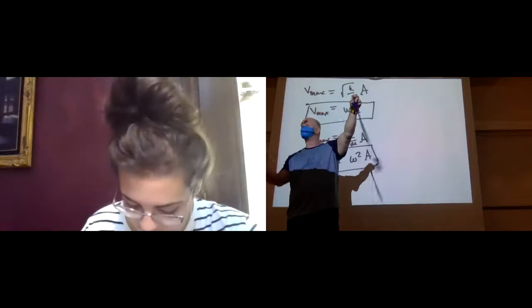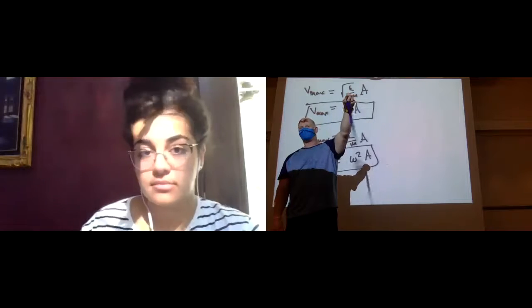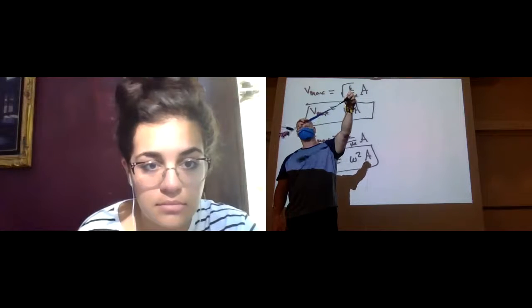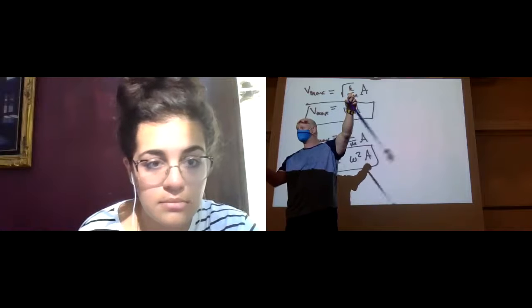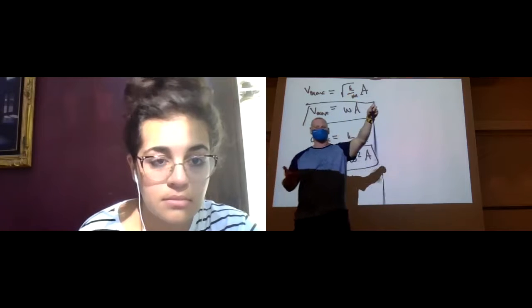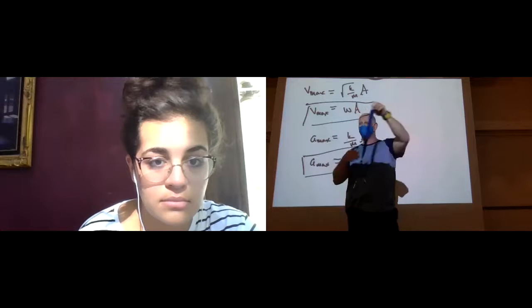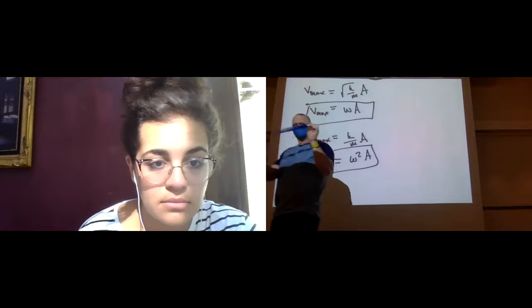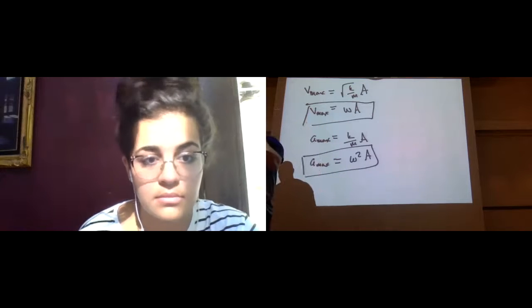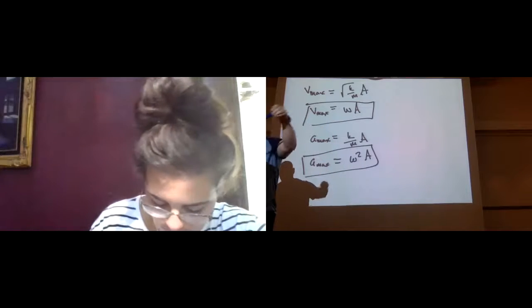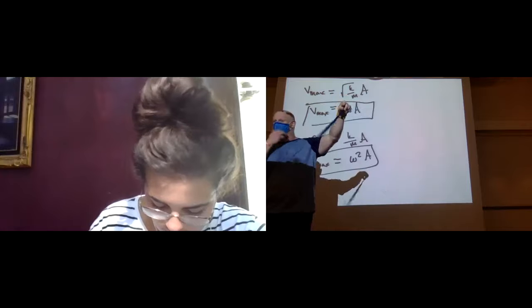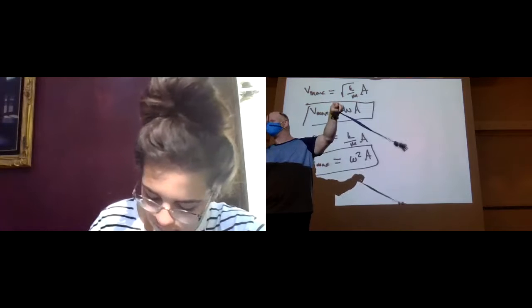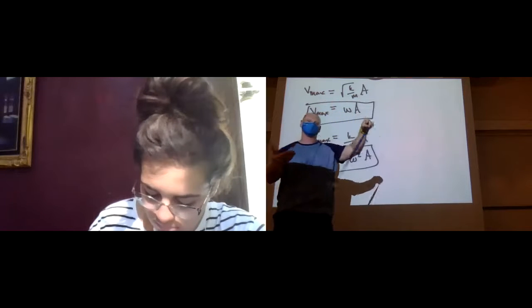This has nothing to do with the spring. So if I wanted to describe the harmonic oscillation of this thing to talk about its maximum velocity, and I said it was the square root of k over m times the amplitude, that doesn't make sense in this case because there is no k. This thing has no elasticity to it. So this thing simply oscillating back and forth is a harmonic oscillator, but has a completely different angular frequency.